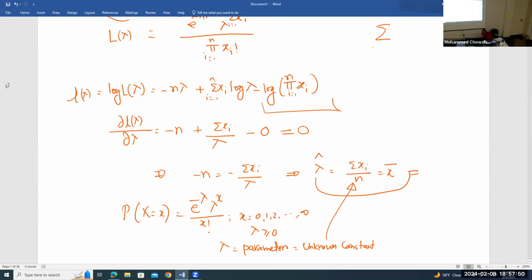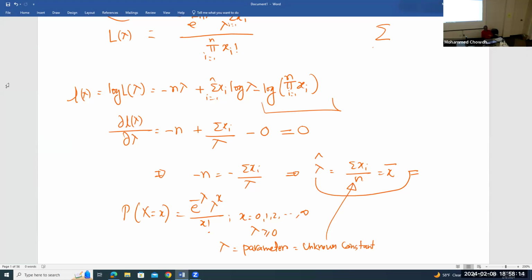All probability distributions have parameters. Normal distribution has two parameters. Binomial distribution has two parameters, n and p. Poisson distribution has only one parameter, lambda. Exponential distribution has one parameter. Weibull distribution has two parameters. Parameters are the unknown constants which need to be estimated from the sample data.